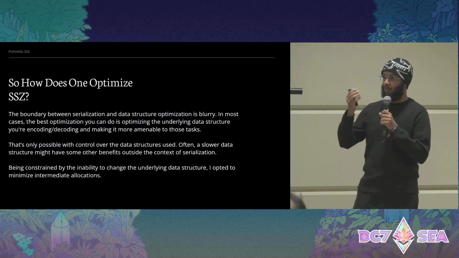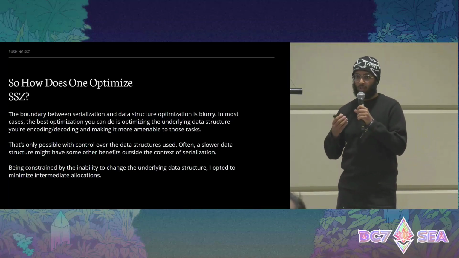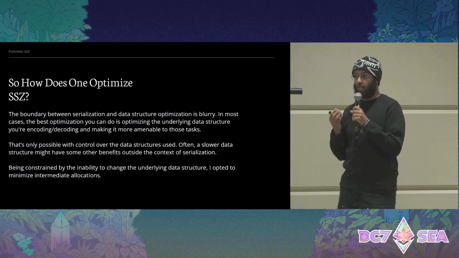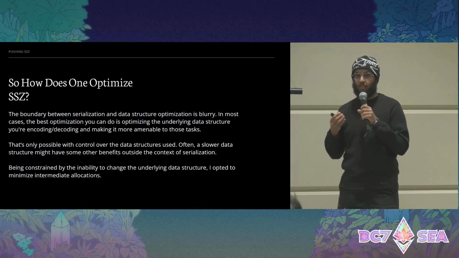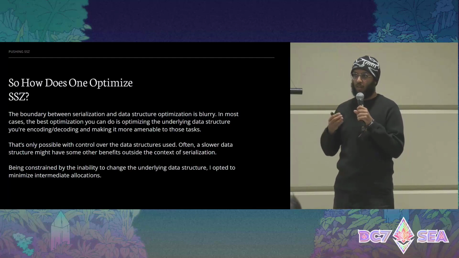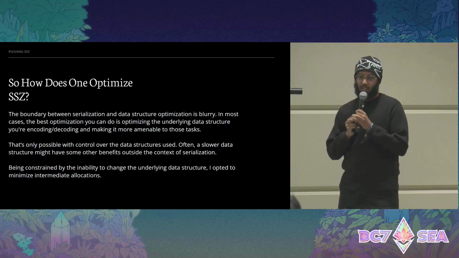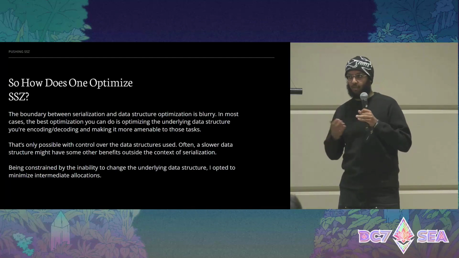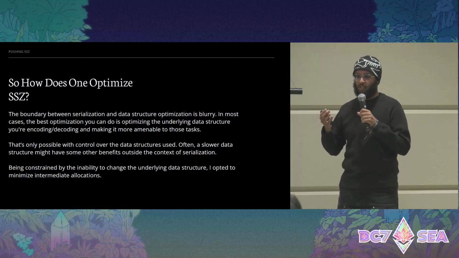Sigma Prime, in particular, has done a lot of good work with their Milhouse crate, which allows for faster sparse updates of beacon state. And so it doesn't really make sense to just change that crate just to speed up serialization.